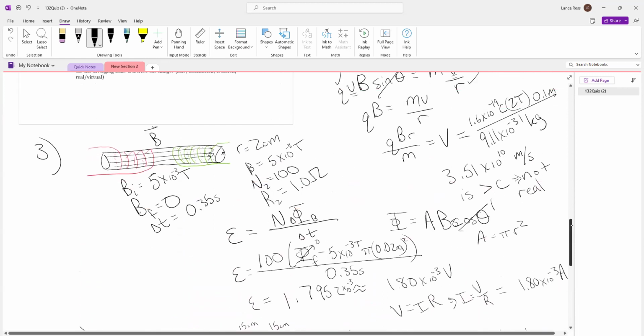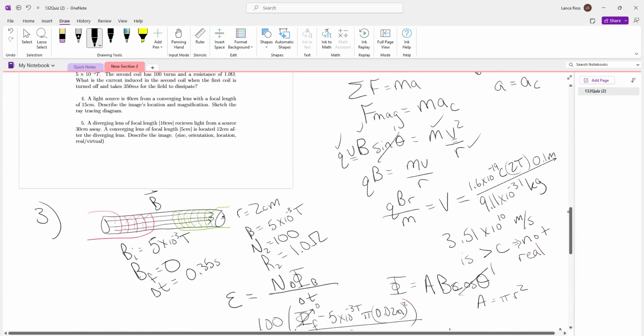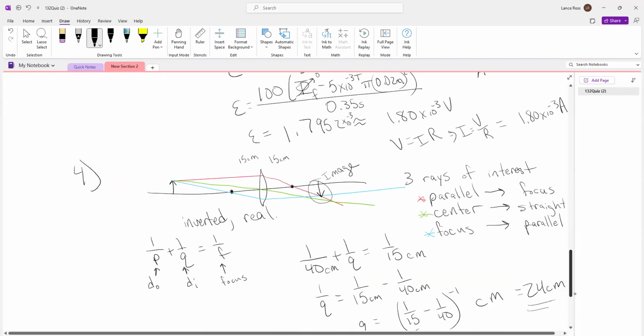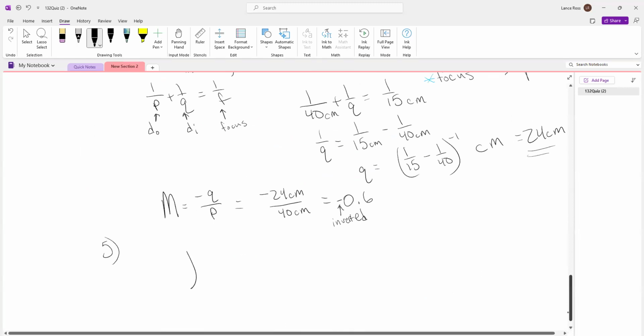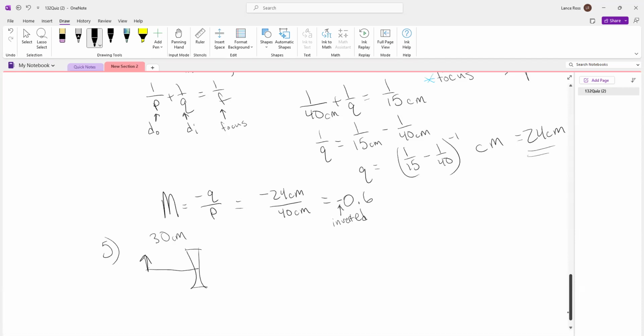All right, part 5 has two lenses. We have a diverging lens, focal length 10, that receives light from a source 30 centimeters away. Let's go ahead and start sketching this before it gets too complicated. So we have our diverging lens and we have a source 30 centimeters away.